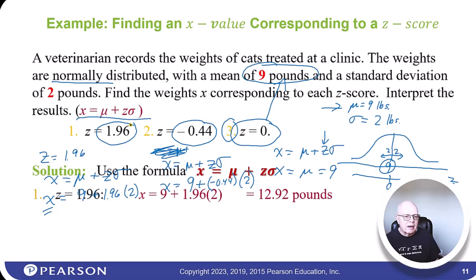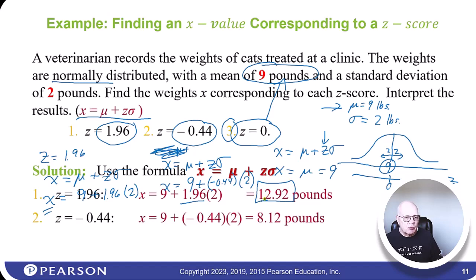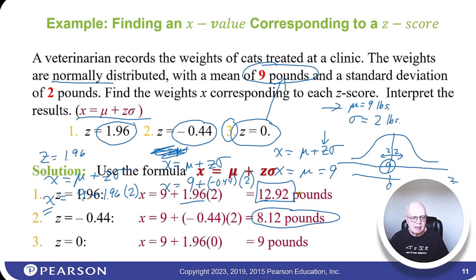Remember, we had a z-score of 1.96, so it should be more than 9, and when you finish it up, you get 12.92 pounds. For the second one, we're going the other direction, so we should have less than 9 pounds, and there you are, 8.12 pounds. And the third one is 9 pounds, because there is no variation from the mean. Got that?